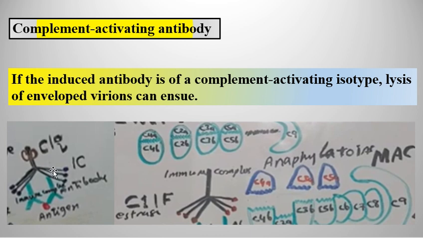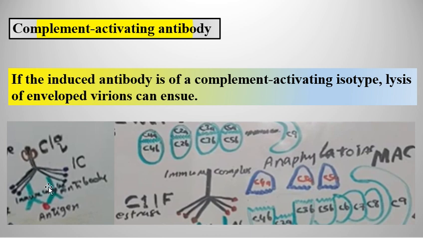These are antibodies in green. When they capture these virions, this leads to formation of an immune complex, and the immune complex activates the classical pathway by activating complement component number 1, which is C1q.